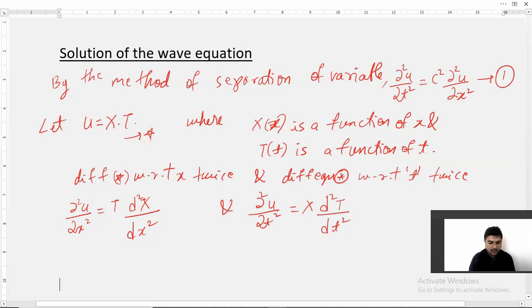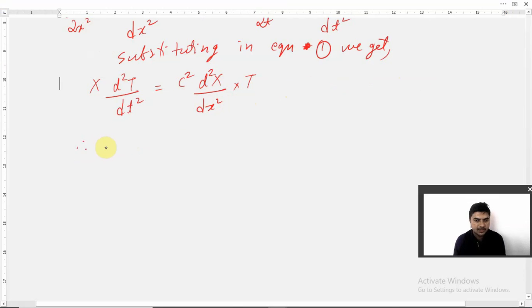Okay, now I am going to substitute this in this equation star. So when I substitute both the equations in star, I have clarified this, separate x on one side and separate t on one side. So I will bring t on this side, and c and x I will bring on this side. So we are going to separate the x and t variables.